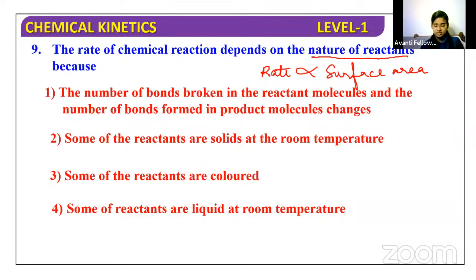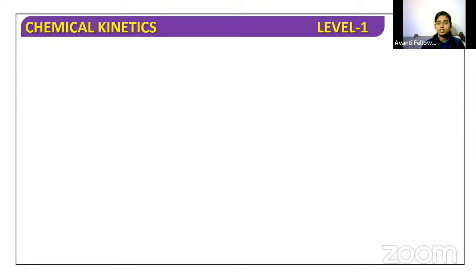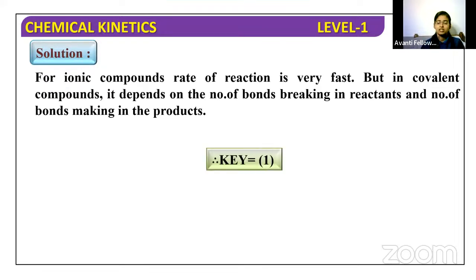Okay, let's check the solution. The correct answer is option 1. For ionic compounds, the rate of the reaction is very fast, but in covalent compounds, it depends on the number of bonds breaking in a reactant and the number of bonds forming in the product. That is the reason for the given question.